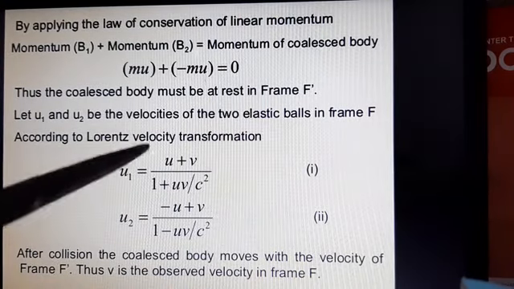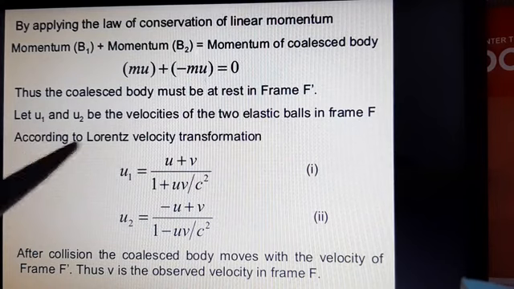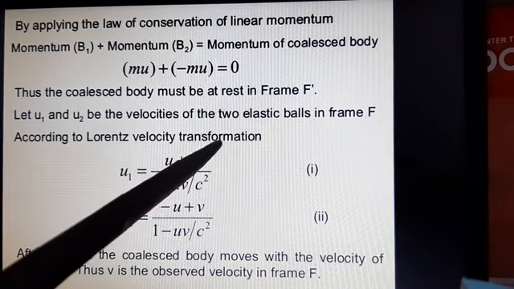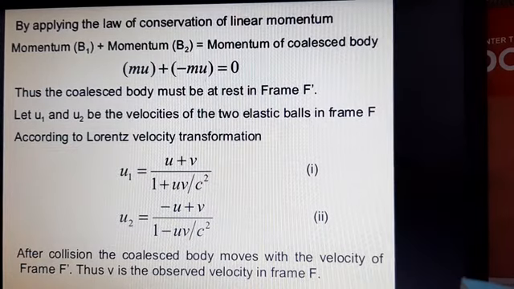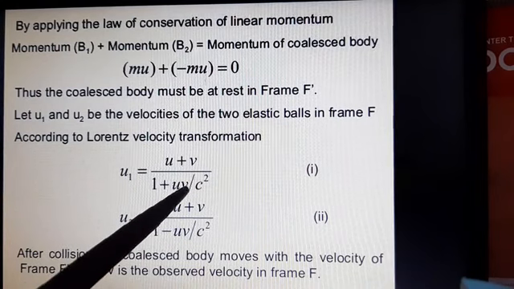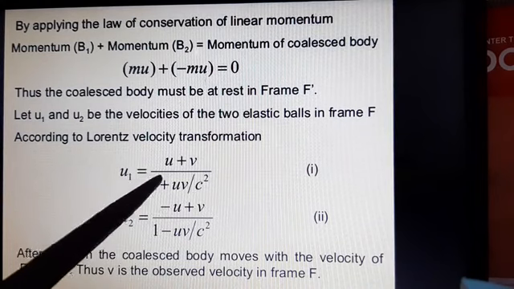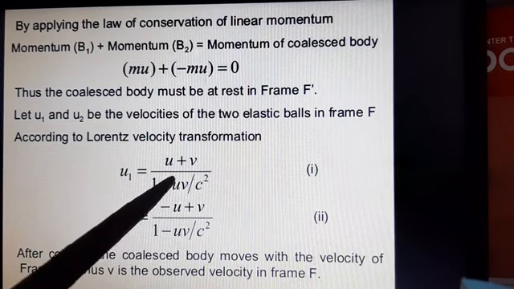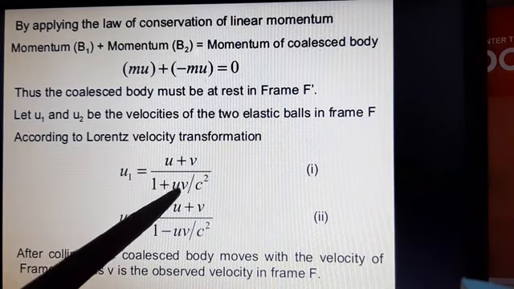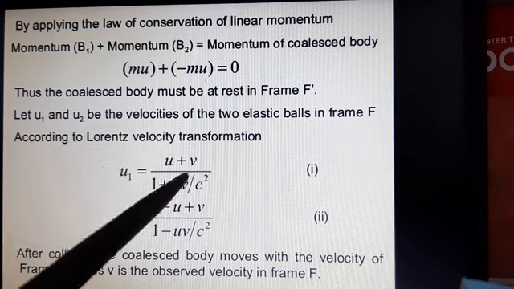According to the Lorentz velocity transformation equations, which I proved in the previous lecture, u1 is equal to u plus v upon 1 plus u into v upon c square. That is the x component of velocities.